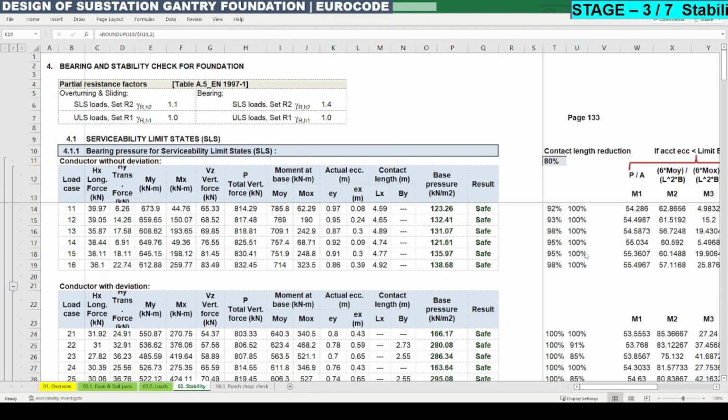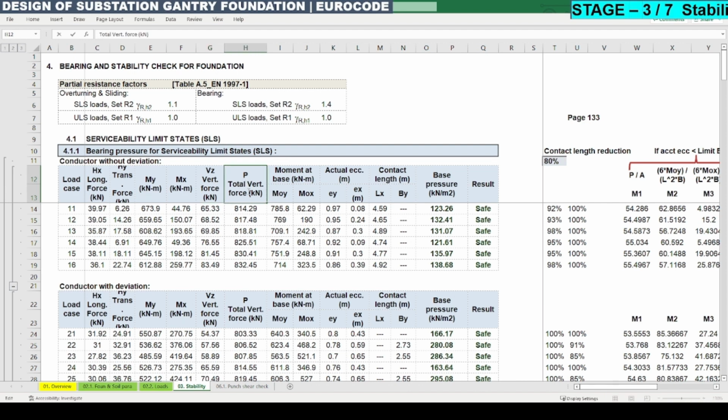First we will look into the bearing pressure for serviceability limit state load combinations. Under this there is again a subdivision: conductor without deviation and conductor with deviation. Hx is the longitudinal horizontal force, Hy is the transverse force, My is the moment about y, Mx is the moment about the x direction, and Z is the vertical force from the structure.